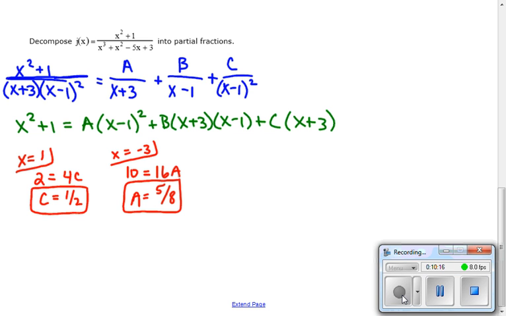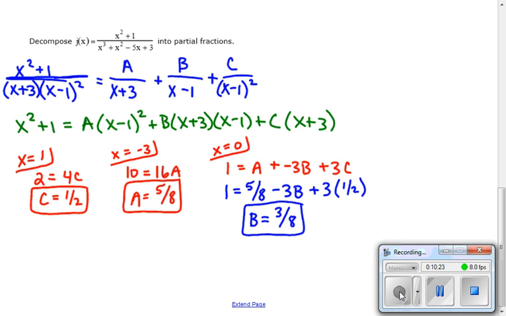Once again, I will use 0, but you could do anything. And if you substitute correctly, you should get B equals 3/8. So your final answer is A is 5/8, B is 3/8, and C is 1/2 in this simplified, or rather decomposed, fraction expansion. That's case 2. Good luck with case 3.